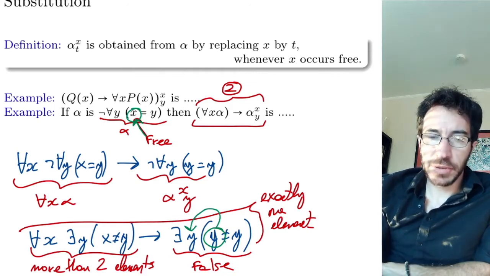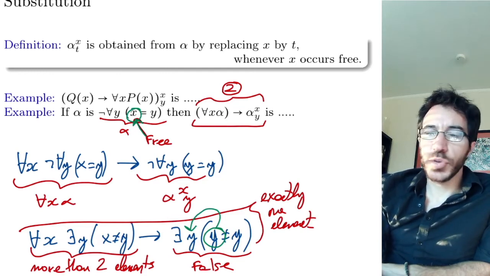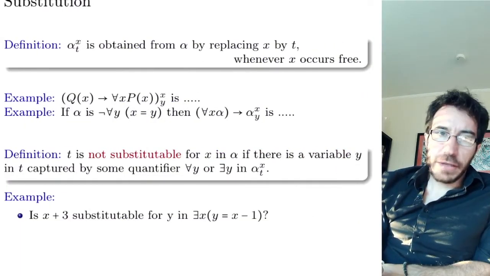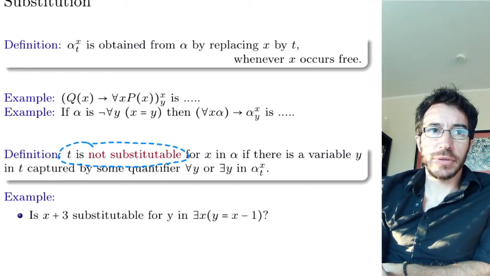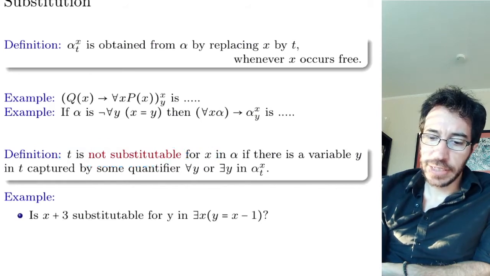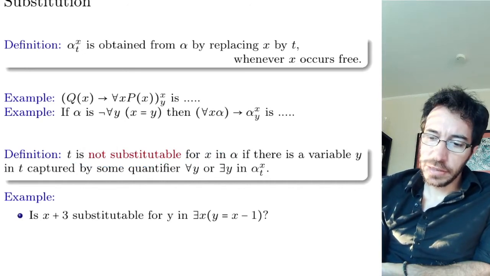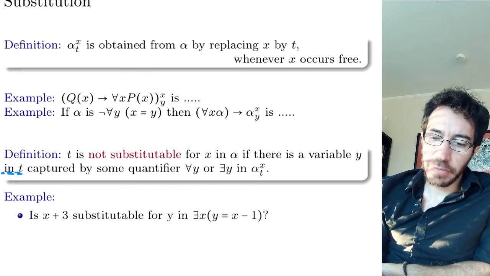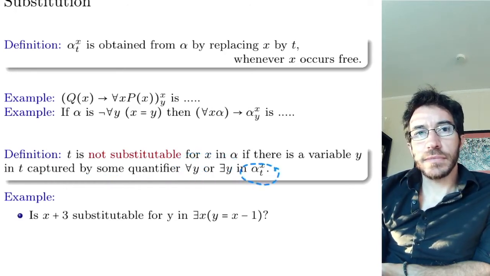If you want to substitute x for something else, and that's all bounded by a y quantifier, you shouldn't use a y. So the definition is the following. You say that t is not substitutable for x, where t is a term in alpha, if there is a variable y in t that gets captured by some quantifier, either exists or for all, when you do the substitution.